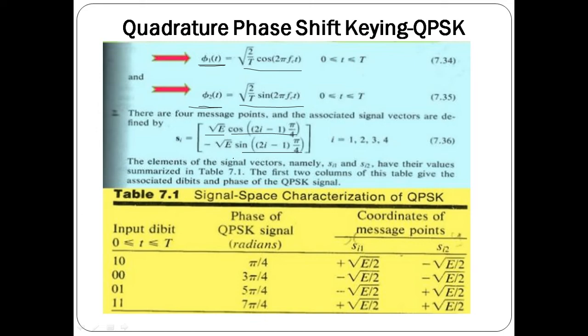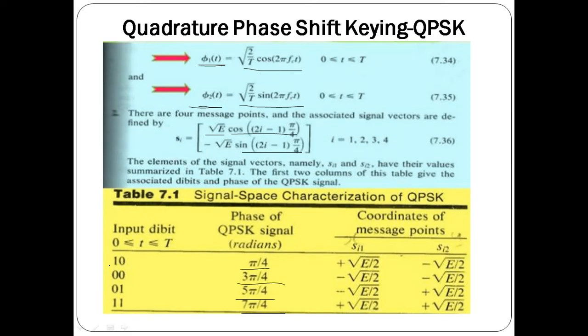Similarly, minus root E sin of this term. So you will have four possibilities. We take 2 bits as a pair, which we call a dibit. I have binary 1 and binary 0; with 2 bits, how many combinations can I take? 4 combinations.